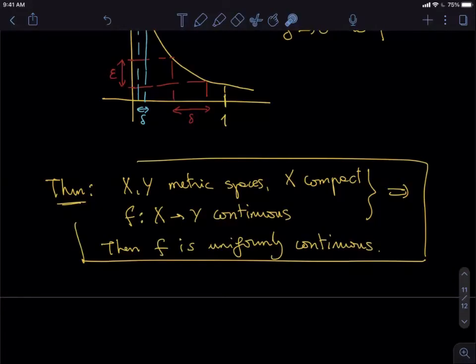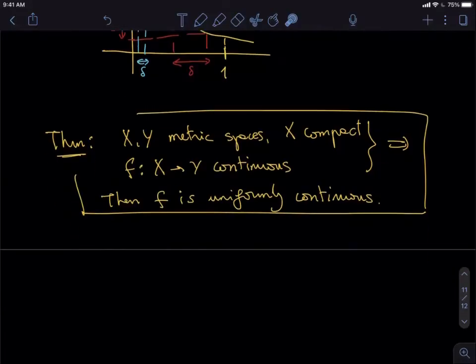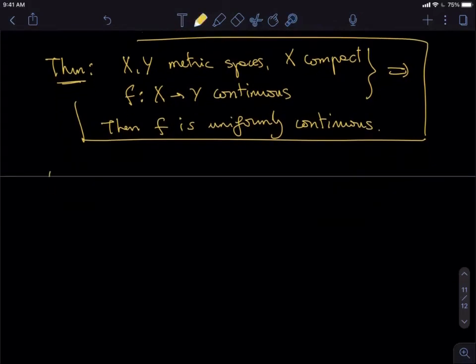Let's prove the theorem. So here we have two hypotheses, one that X is compact, the other one that F is continuous, and we need to use both.